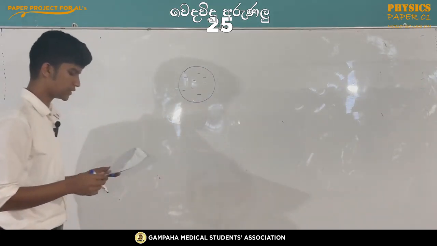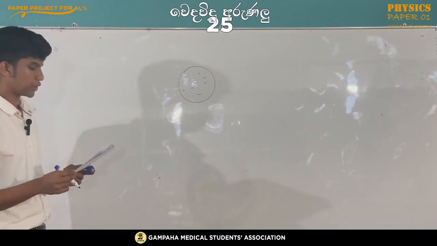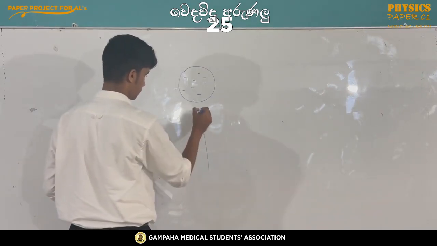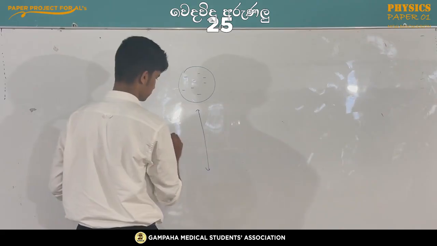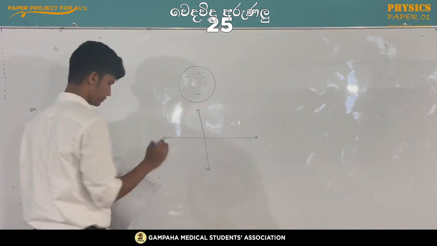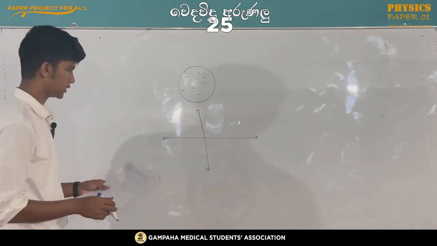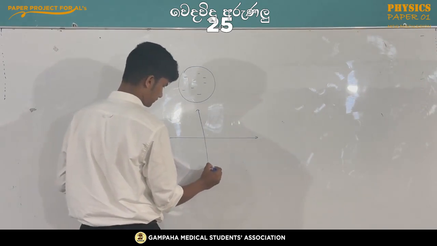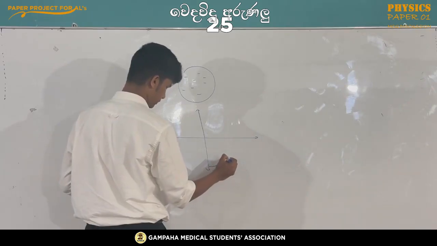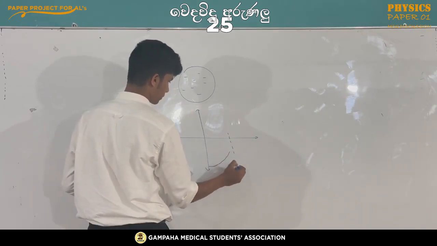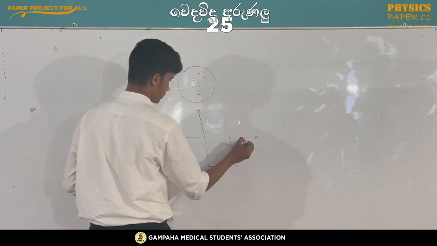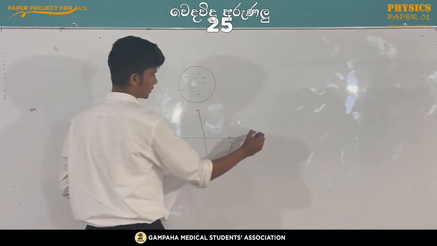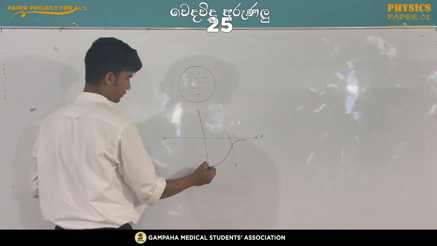So considering the electric potential with distance, the electric potential is negative at the center, and then it gradually becomes less negative, and moves towards 0 as the distance from the sphere gets higher.